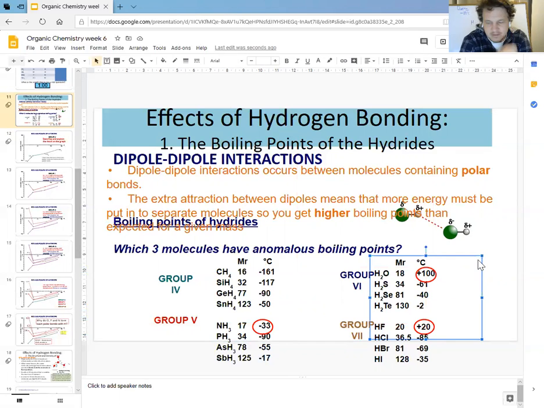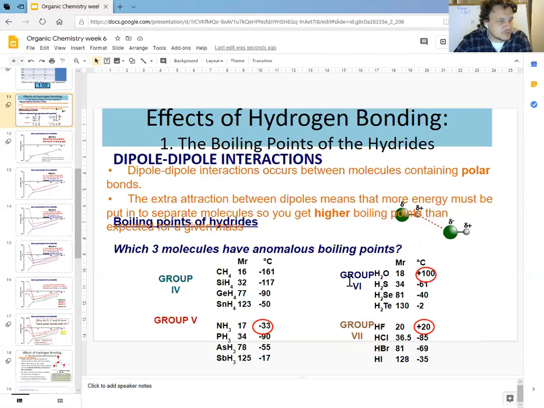If we look at the molecular weight of water, it is 18. In group 6 with oxygen, there is a compound with a molecular weight of 130, yet its boiling point is -2.